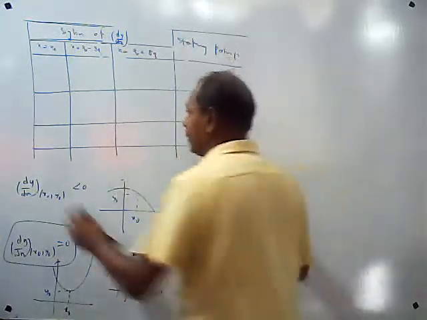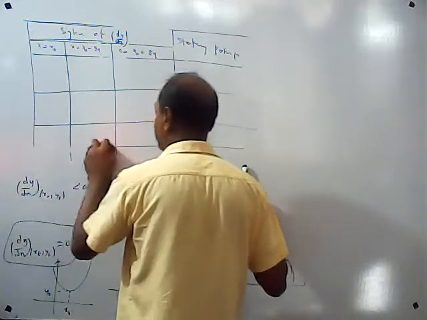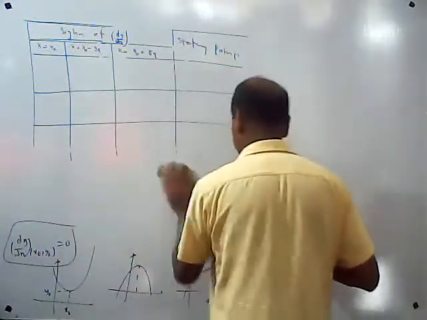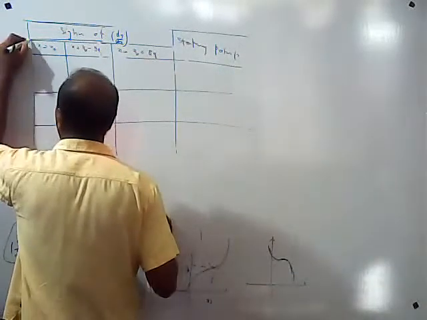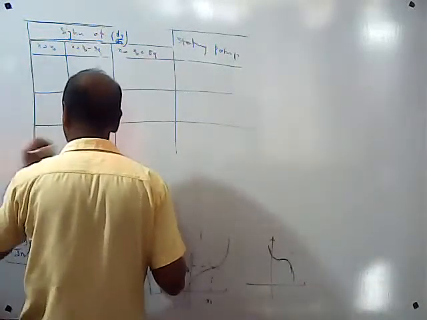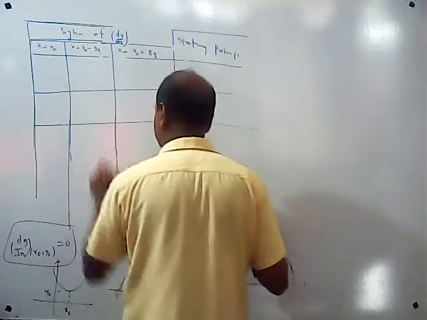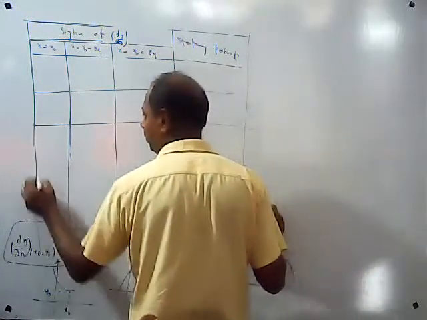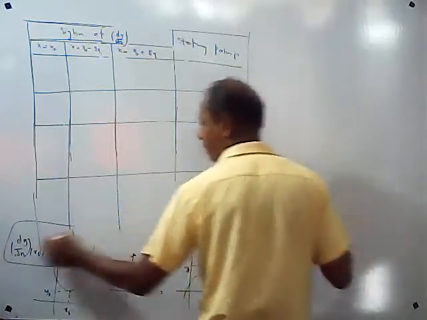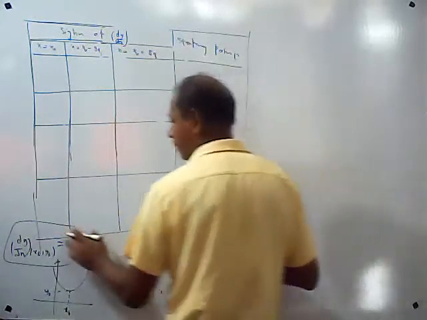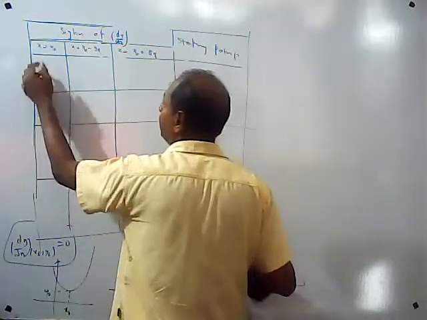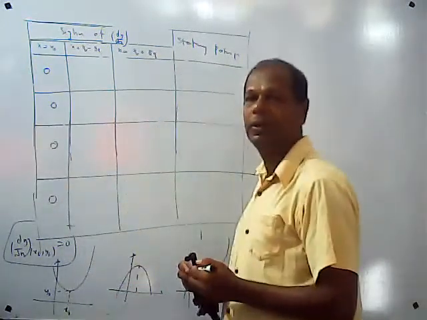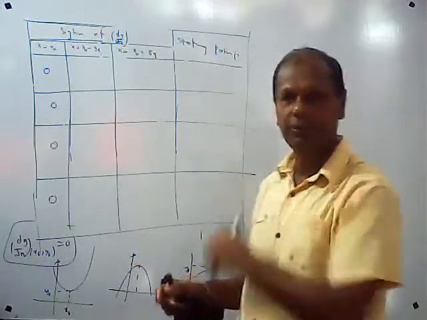At x equals x0, it has to be 0. Only if it's 0, we further investigate, right?